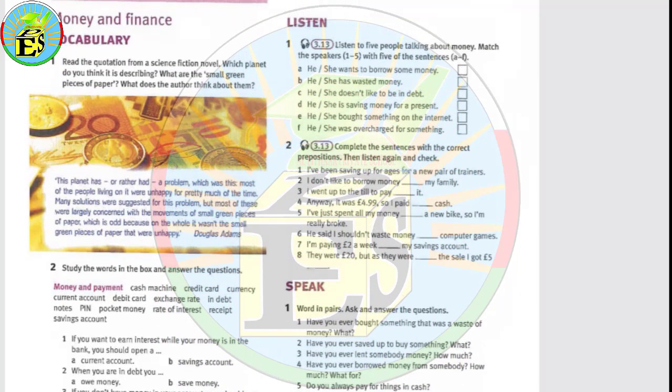Listen. Number 1. Listen to 5 people talking about money. Match the speakers 1 to 5 with 5 of the sentences A to F. So now please, I want you to read the sentences from A to F before listening. Go ahead and read them.